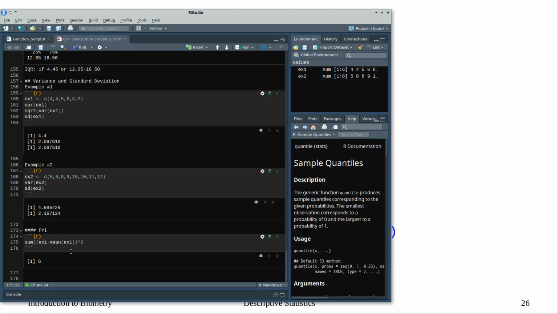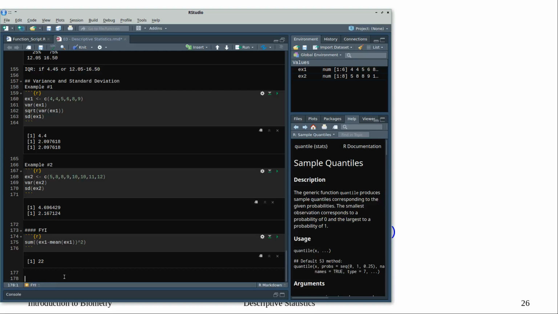So I want to make sure that our square term actually falls inside of the parentheses for the sum. When I run that, I get 22, and that's exactly what we calculated for example 1.